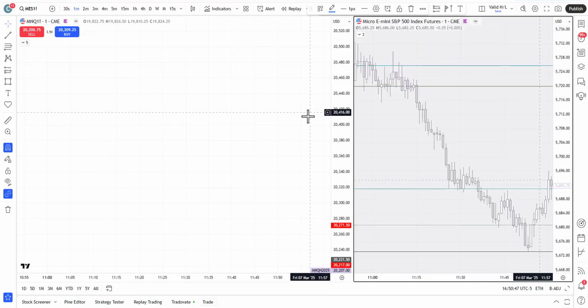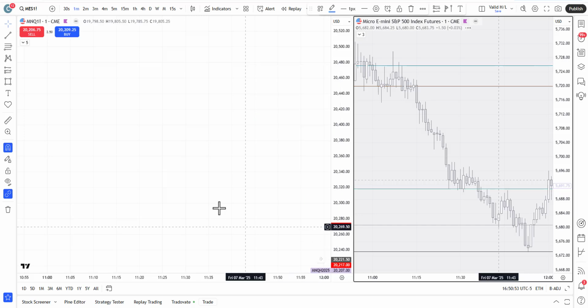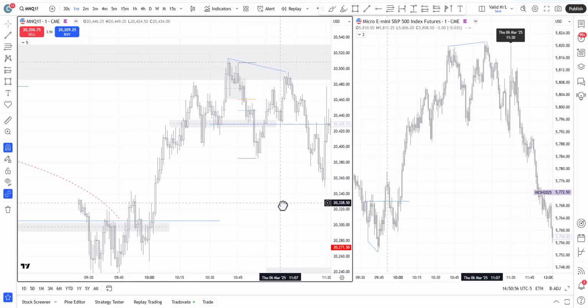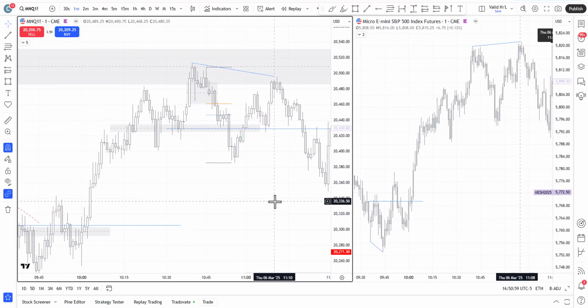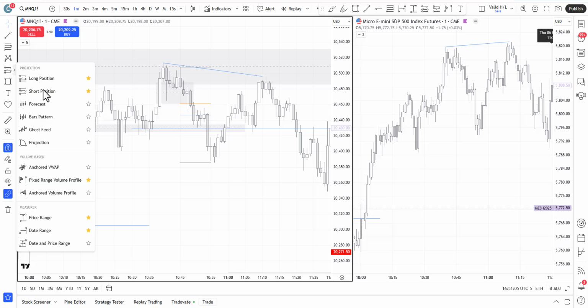Actually, if you look at the 1 minute, you can already see that there are plenty of opportunities to take trades in between. So here you have a fair value gap that got inversed, and then you can trade it down.